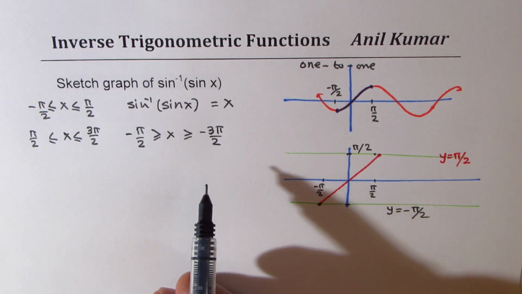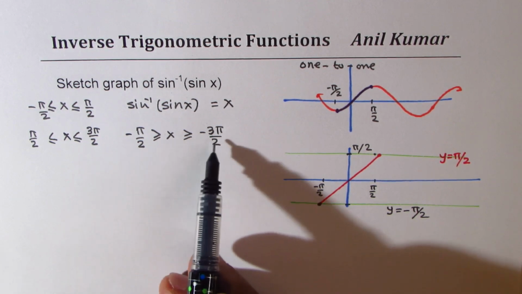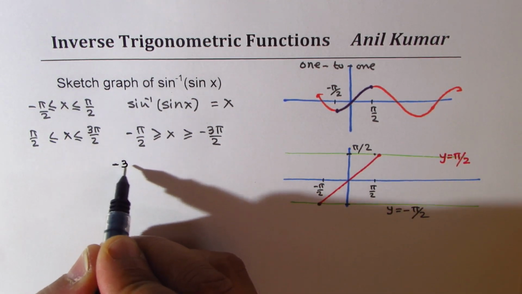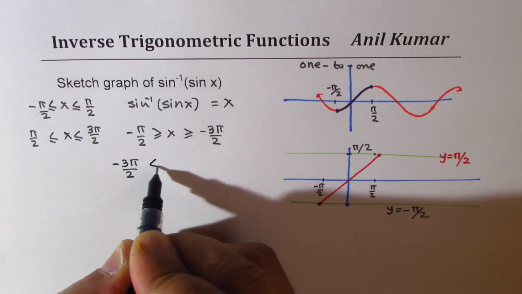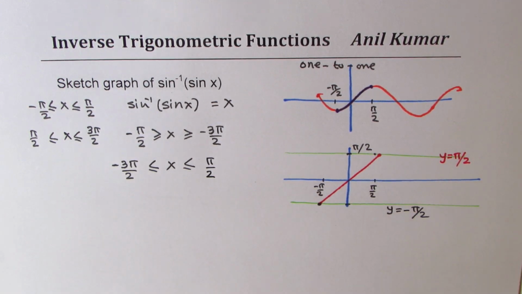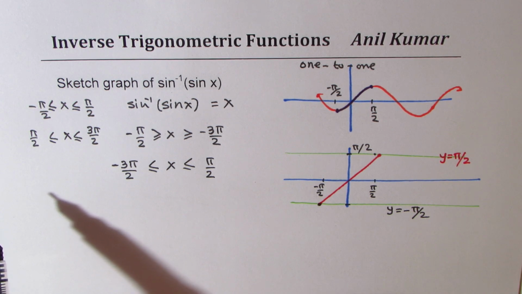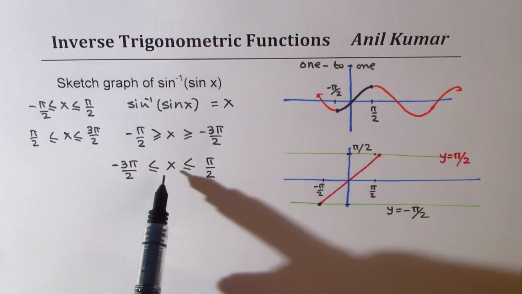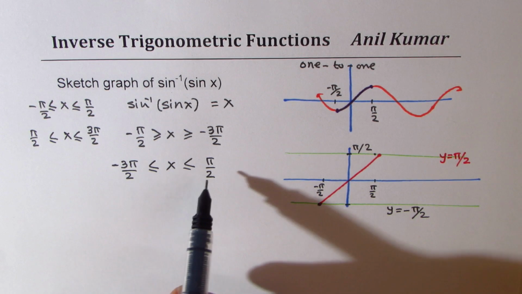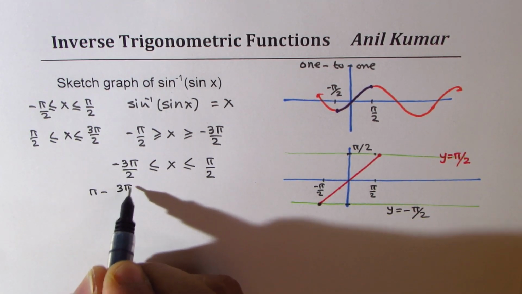Now this could be written as, let me write this quantity on the left side. So let me write this as minus 3 pi by 2 in this form. It is better to see it like this. Okay. Now how could I write minus 3 pi by 2 as minus pi by 2? So what I could do is take away all these numbers from pi, right? So I could do pi minus 3 pi by 2.